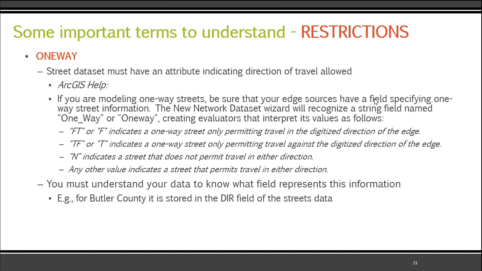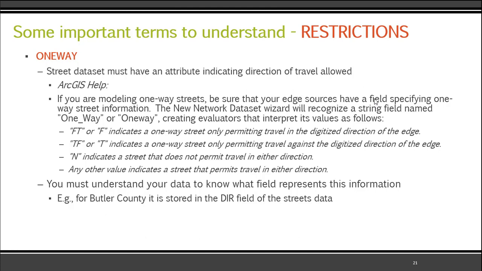Sometimes you might have to change it in order for a vendor-provided, say Esri, network dataset wizard to understand the field. If you're in ArcGIS and you're modeling one-way streets, this is from the help documentation in Esri: it will recognize the following three things.